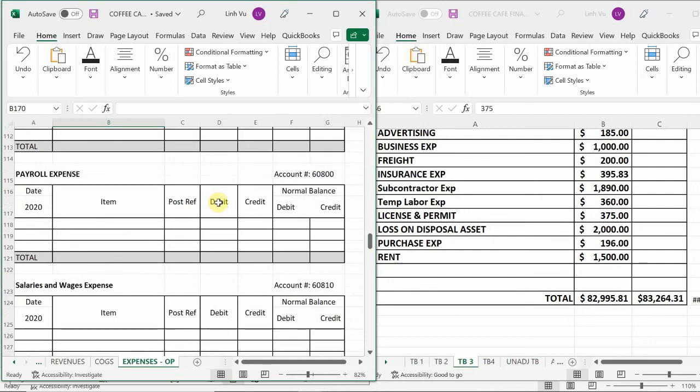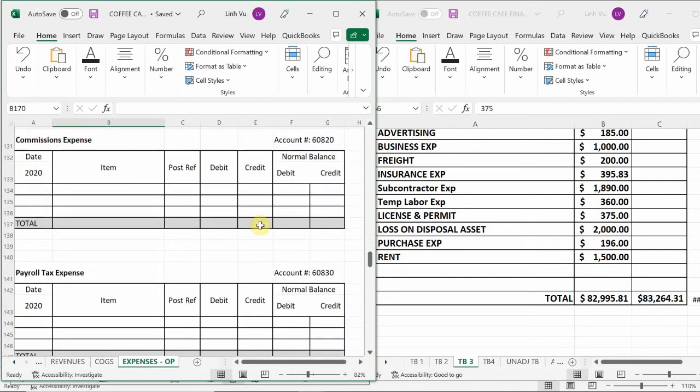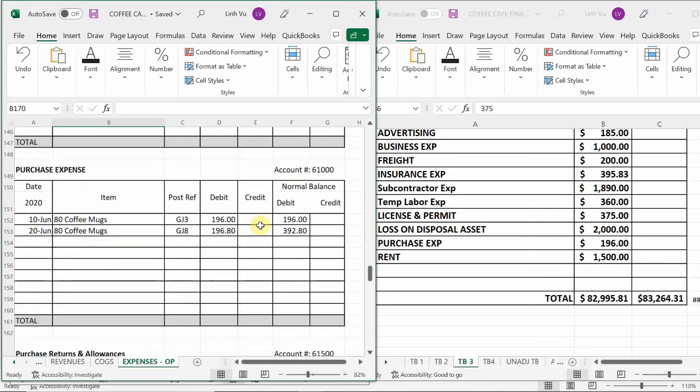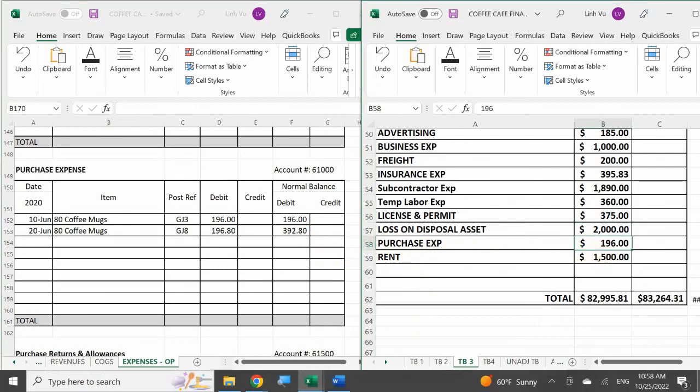Okay. What's next? Payroll expense. We haven't done payroll yet. Okay. Now purchase expense. $392.80. Okay.